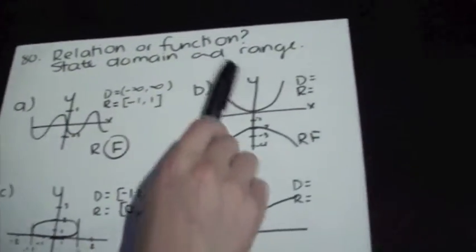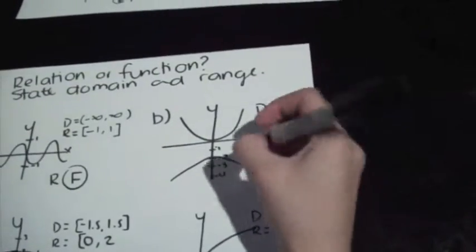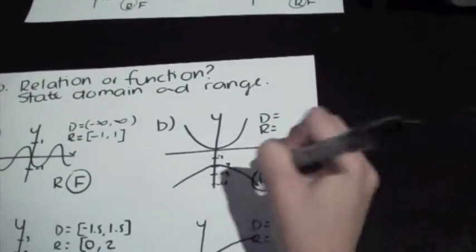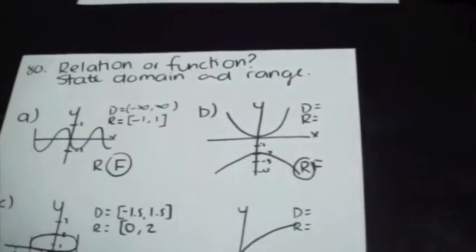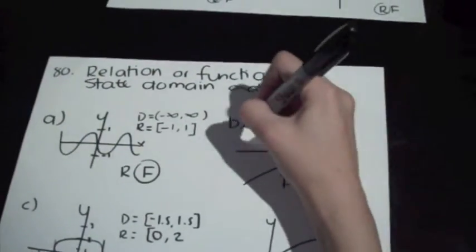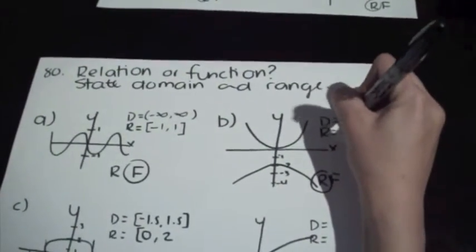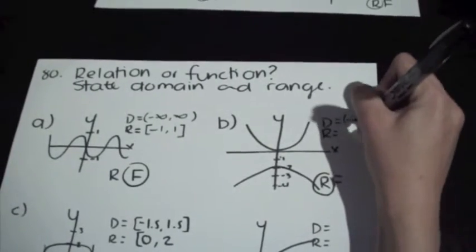If we go on to B, points do cross, so it is only a relation. To state the domain, we know that they continue. So it is negative infinite to infinite.